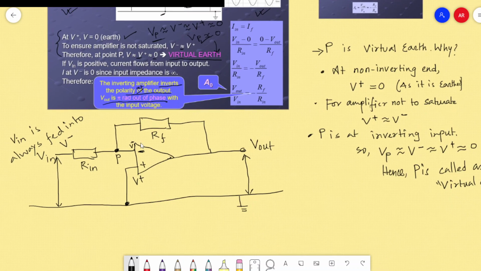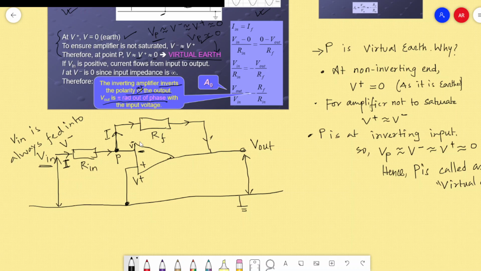When I supply this input voltage into the inverting input, this current I flows through the input resistance and reaches point P, and the full I, the entire I, goes through this feedback resistance.